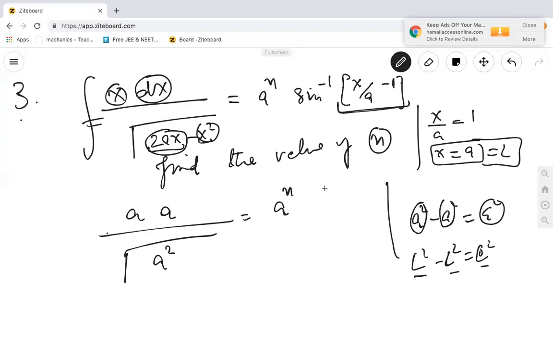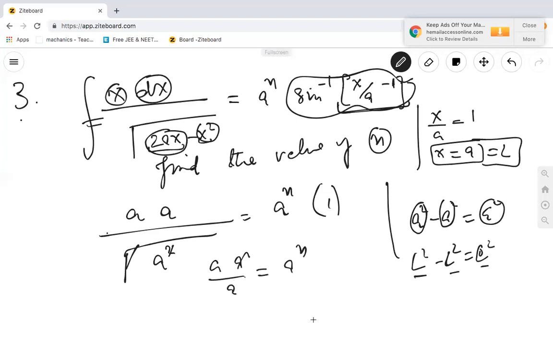The 1 is dimensionless, and the 4 is dimensionless. Now it is finished. It is a by a is equal to a raised power n. This cancels off. You get a is equal to a raised power n, so a raised power 1. N is equal to 1. That is what he wants to convey to us, what is the value of n. Now do you understand?